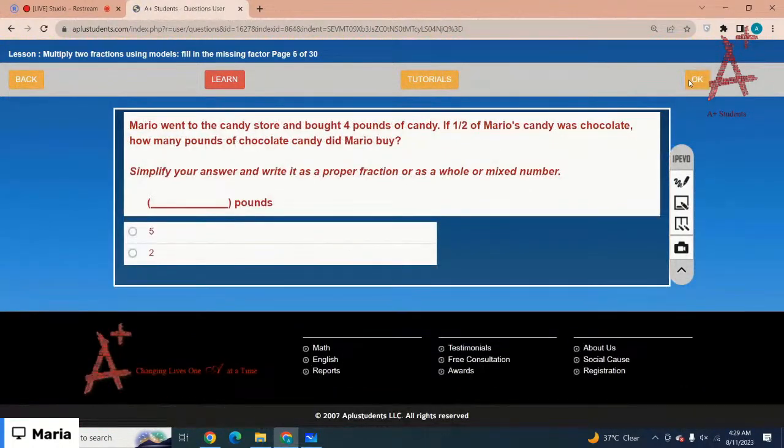Okay, Mario went to the candy store and bought 4 pounds of candy. If half of Mario's candy was chocolate, how many pounds of chocolate candy did Mario buy? So which is the correct option? You have to calculate half of 4.